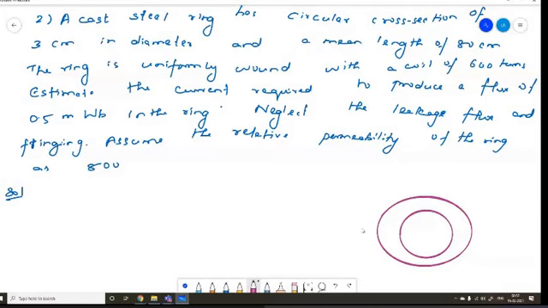It has a circular cross section of how much?